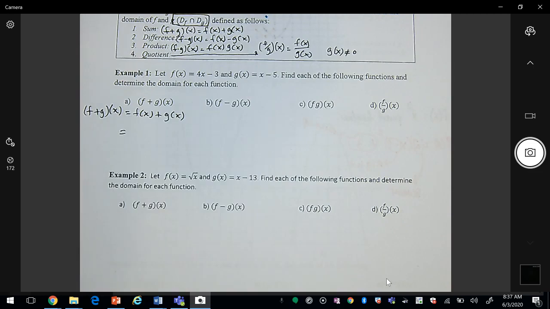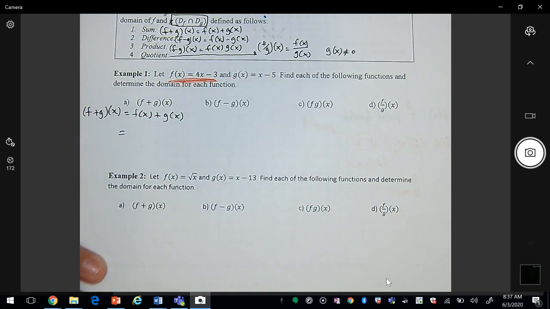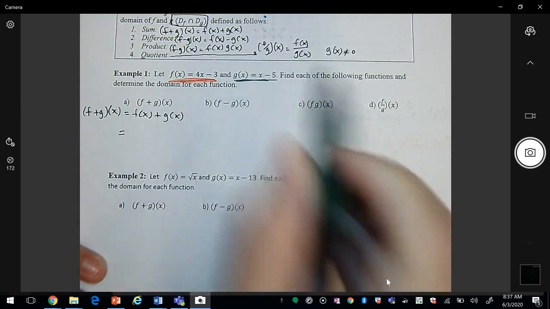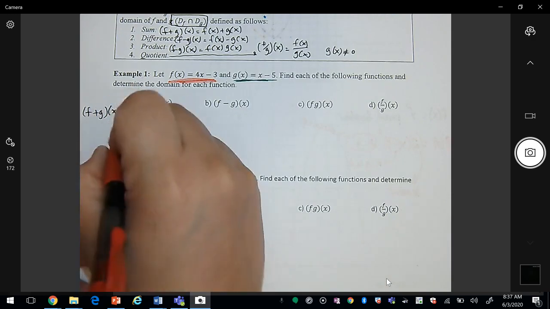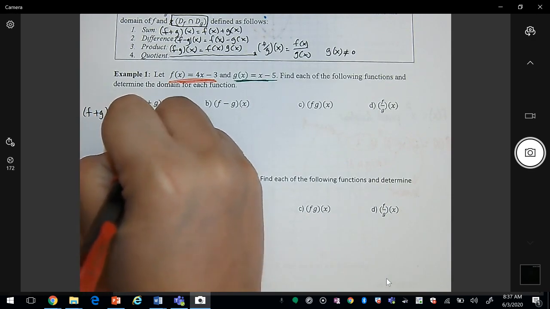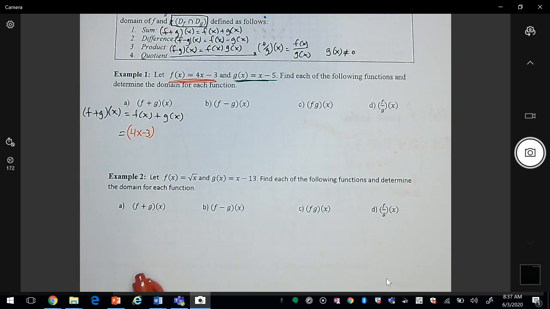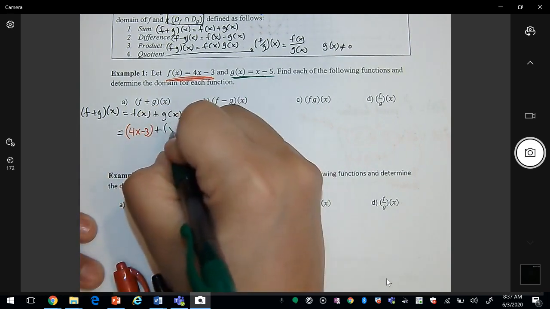So here for the function f, we have 4x minus 3, and the function g, we have x minus 5. So I'm going to have f of x, which is 4x minus 3, plus g of x, which is x minus 5.